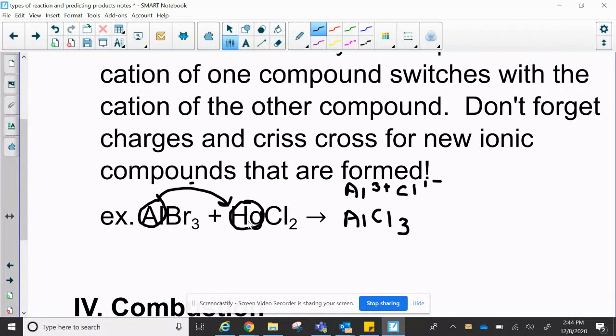Now the mercury has to go somewhere. It comes out here and pairs up with bromine. Mercury is a transition metal, but from this formula, we know it's mercury 2. So Hg has a charge of 2, bromine has a charge of 1 minus, so we're going to get HgBr2.